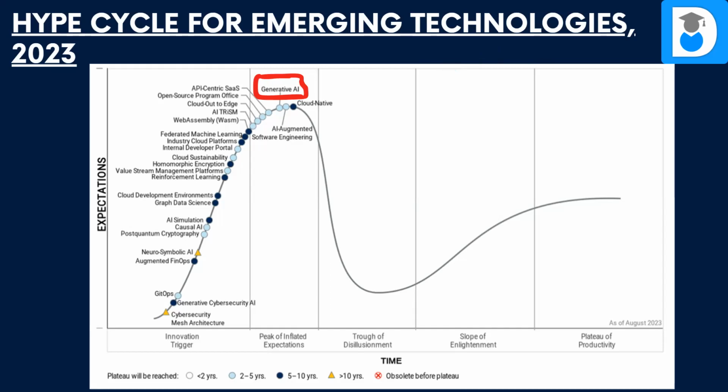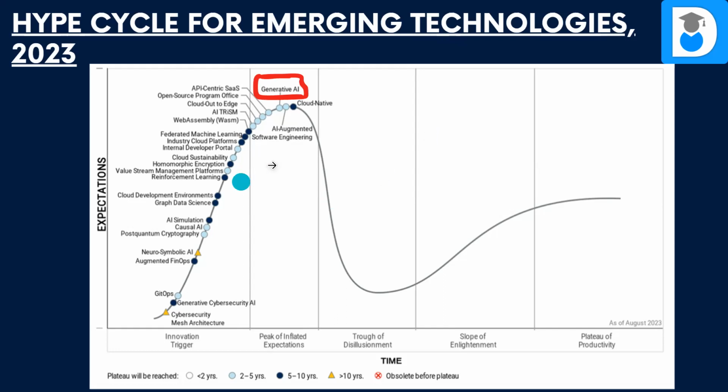So how do we know if we are too early or too late? That is where people refer to hype cycles. Gartner is a US-based organization which collects information about all the technologies across the world and puts it in a summary. We can check the Gartner website and see this.